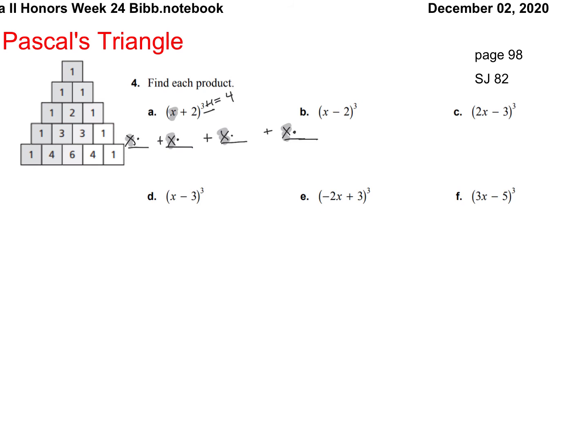and now we're going to use the degree. The degree goes on the first x. Then you put descending order. Then you use the second term. You use this 2, and you put that 2 in every spot.